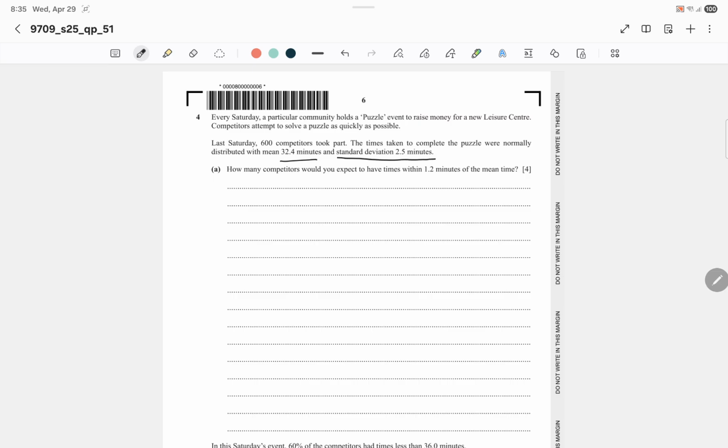Okay, so normal distribution. How many competitors would you expect to have times within this of the mean time? Okay, normal distribution once again. Nice. 32.4 is the mean. 2.5 is sigma. Okay.